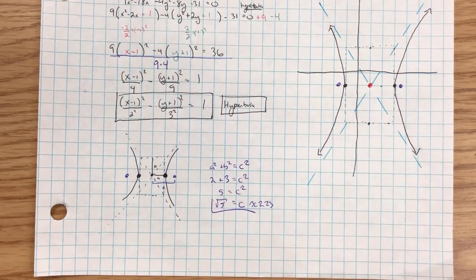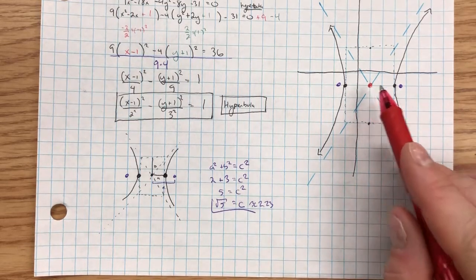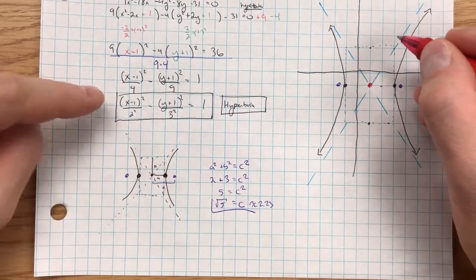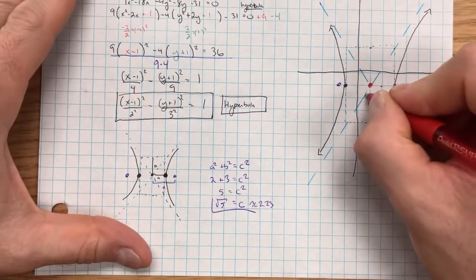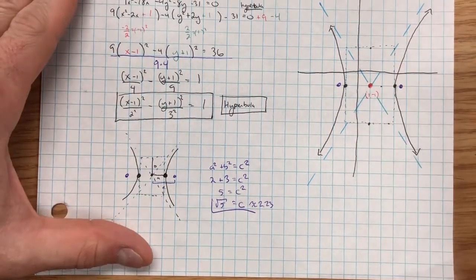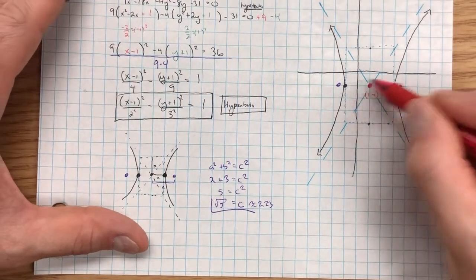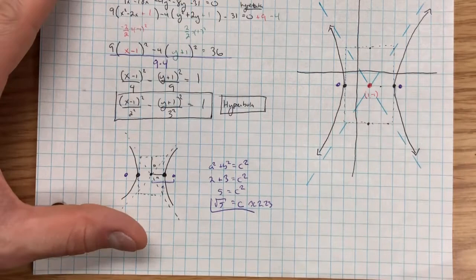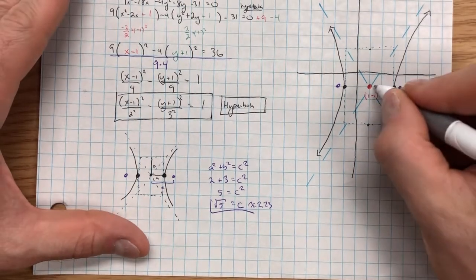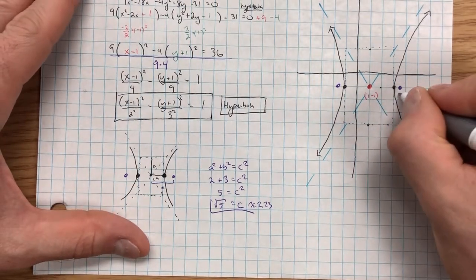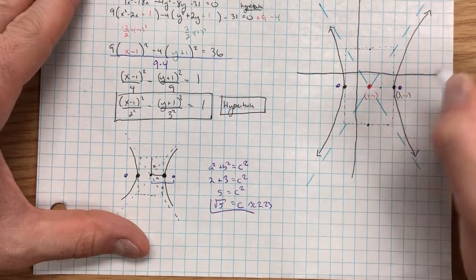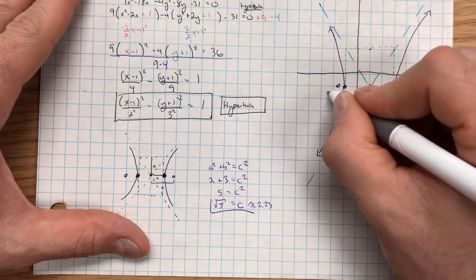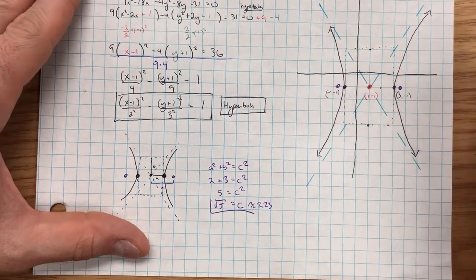Now all we need to do is list our points. My center, we said, was at (1, -1). My two vertices are actually over here. So let's say that's at (3, -1) and this is at (-1, -1).